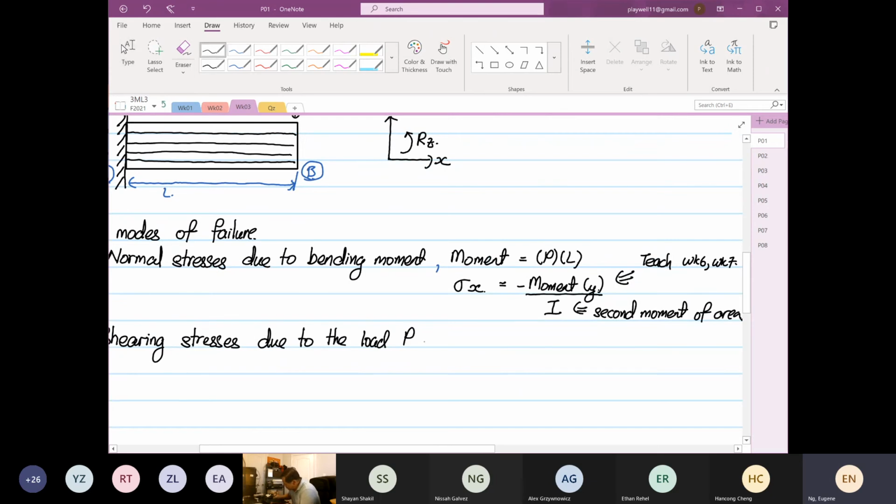So the shearing stress is equal to PQ over IT, okay? And where Q is the first moment of area, and T is the thickness of the beam.